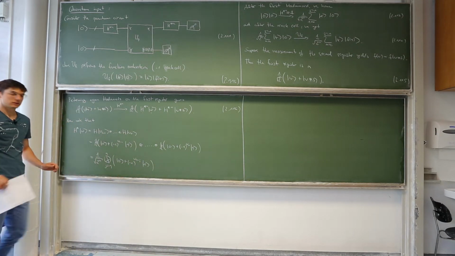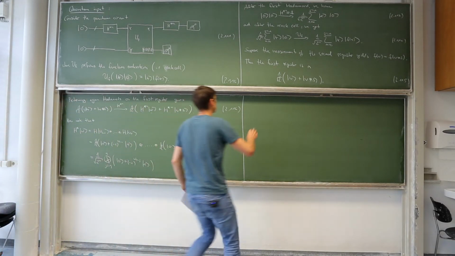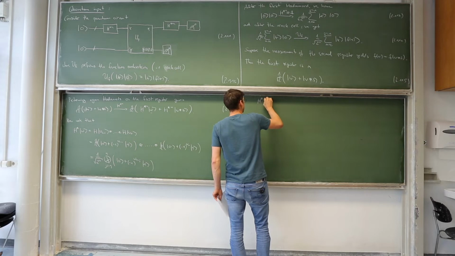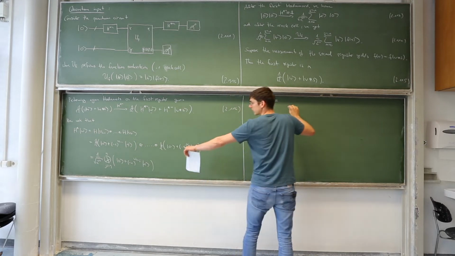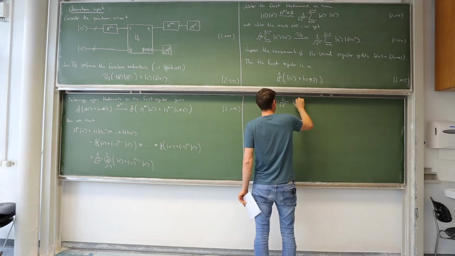Okay. And now let me write this as a general sum. So this gives 1 over square root 2 to the power of n, then this tensor product.